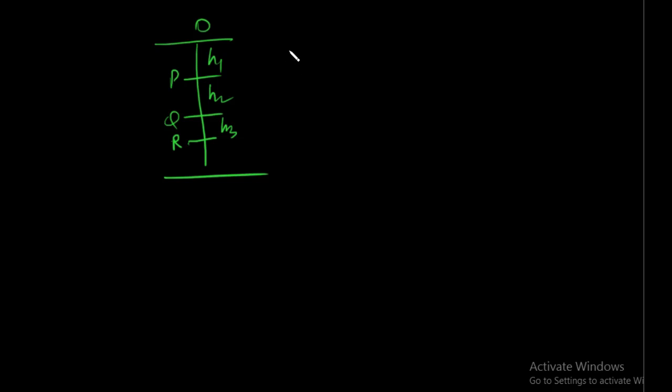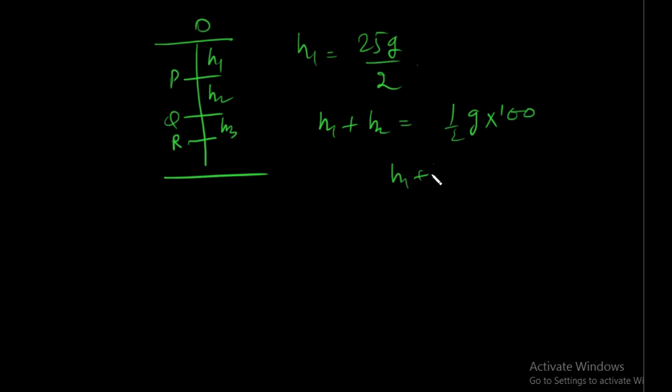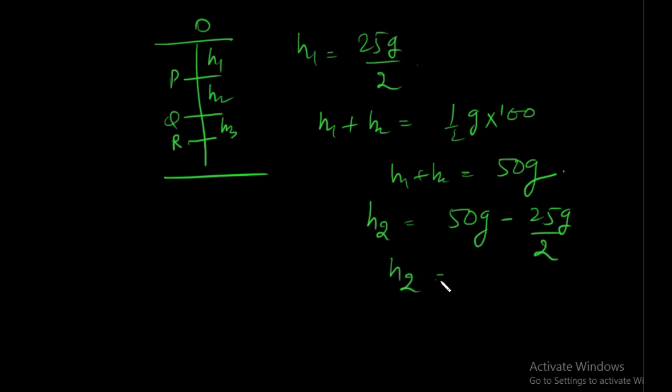So h1 was 25g over 2, and now h1 plus h2 would be equal to half g into the total time taken in going from O to Q. That would be 10 seconds, and this would be 100. Okay, so h1 plus h2 equal to 50g. Now we can calculate h2 over here. 50g minus 25g over 2. h2 would be equal to 75g over 2.